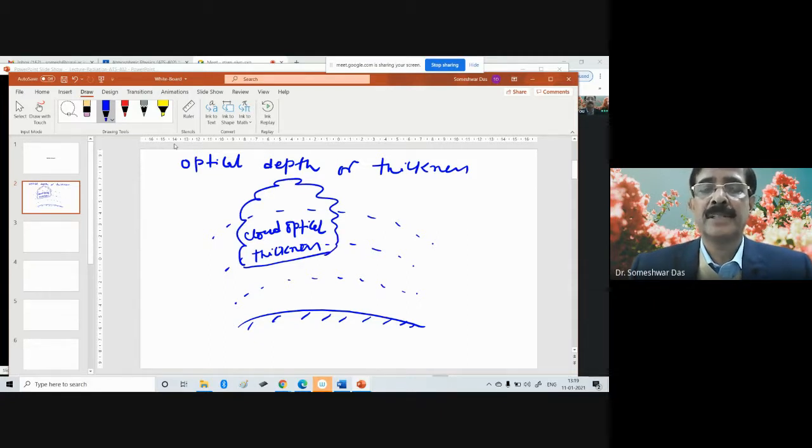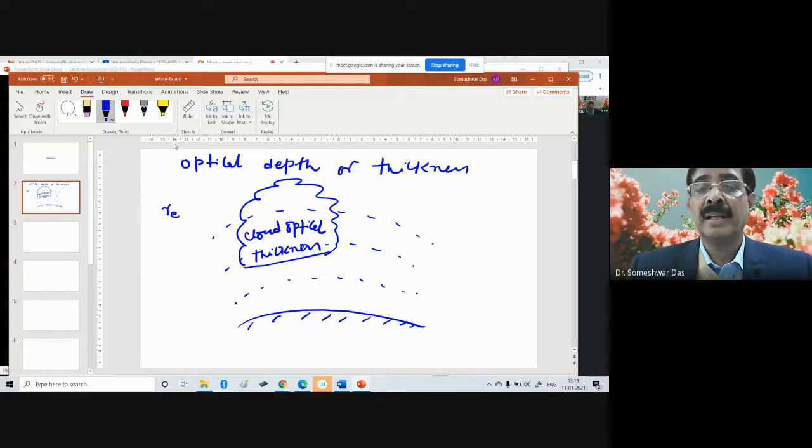That will depend upon the quantity and types of hydrometeors present and the radius of the particles, the effective radius, r_e, of the hydrometeors in the cloud. So that will determine the optical thickness of the cloud.